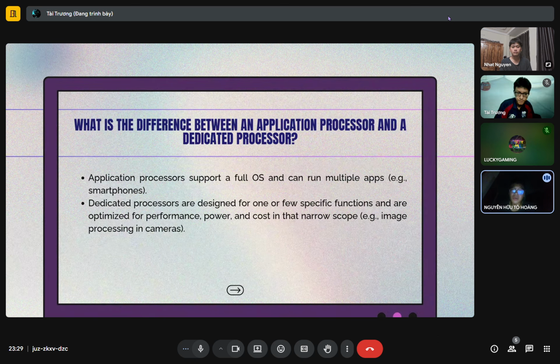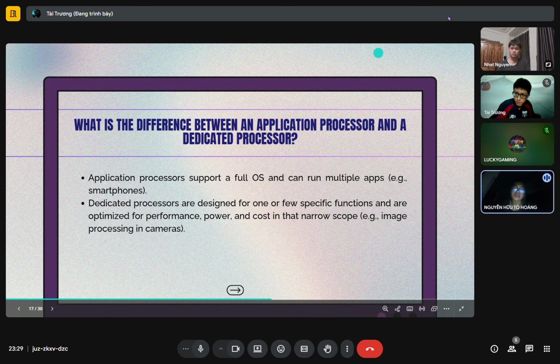So we will research the difference between an application processor and a dedicated processor. The application processor supports a full OS and can run multiple apps, like a smartphone. On a smartphone you can run many apps, including native apps for that device, like Facebook for iOS and Facebook for Android.